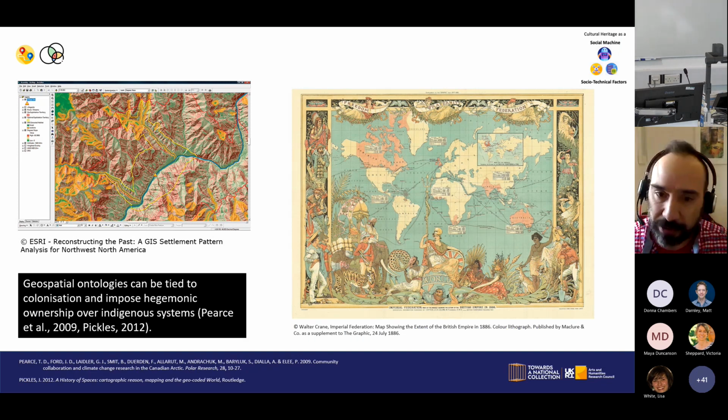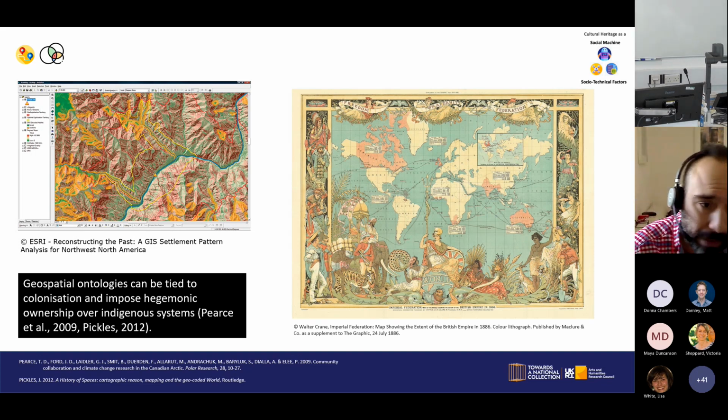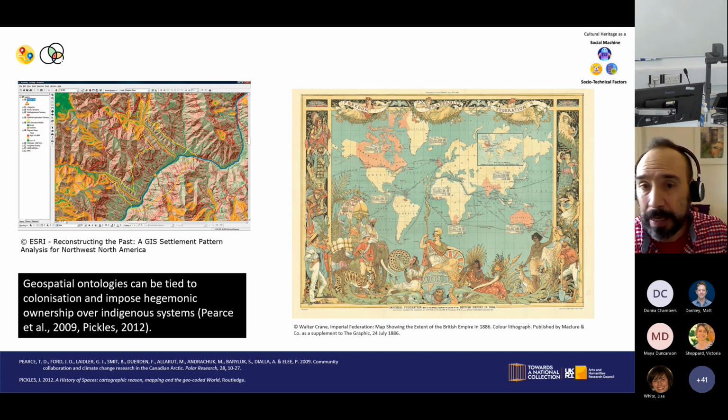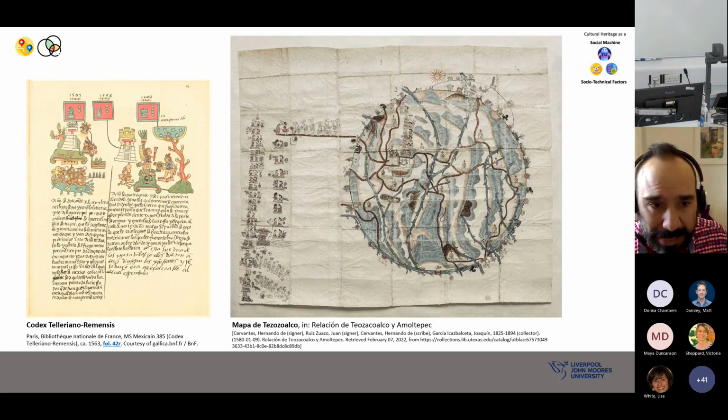Usually, most of the spatial technologies that we use to analyze the world currently is based on Western and European perspectives. So this gives us very powerful tools, but it doesn't have the ability to understand indigenous systems or knowledges from the global South. And I will expand this with this example.